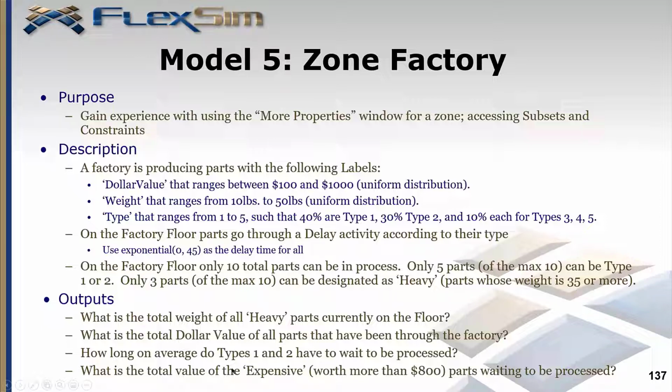So that means that we need a new subset with a new calculation. And because we're interested in the value of things that are waiting to be processed, that again tells us that this is a request-based statistic. We're interested in the value of expensive things in the request queue.